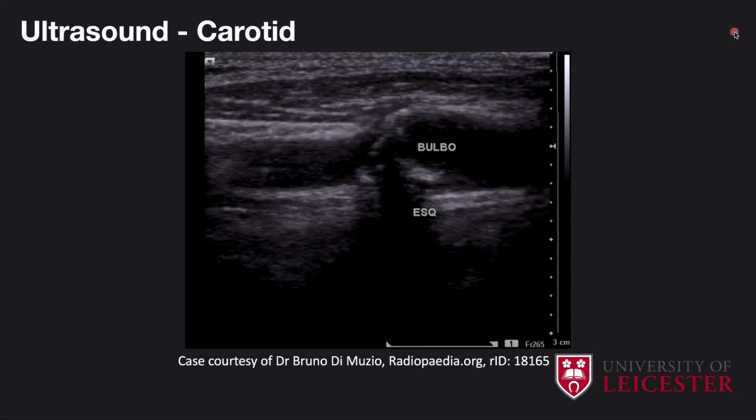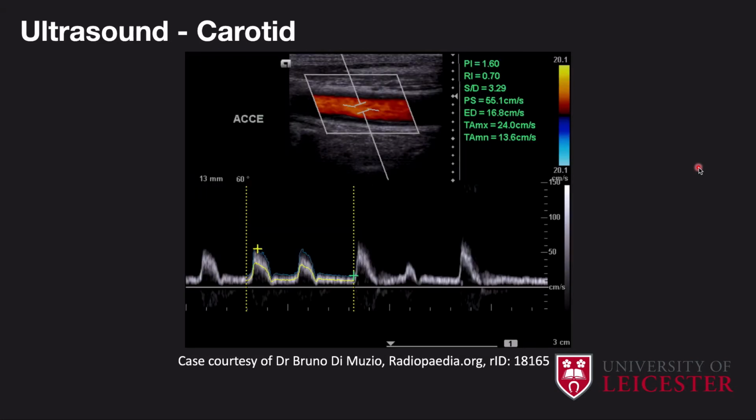The next image is of a carotid artery. You can make out the wall of the artery here and here, and at the bulb of the carotid artery there is a calcified plaque right here. Next, we will measure blood flow at the normal section of the artery, shown here in orange.